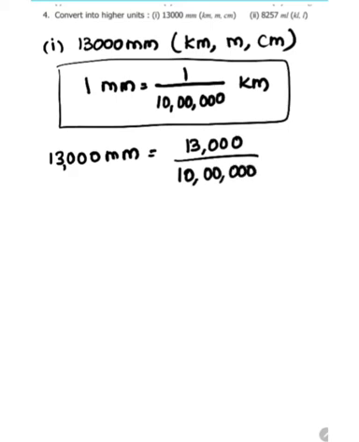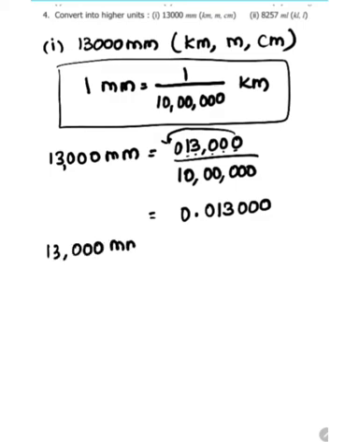Here 1, 2, 3, 4, 5, 6. You have to put 1 0 also. So the answer is 0.013000.